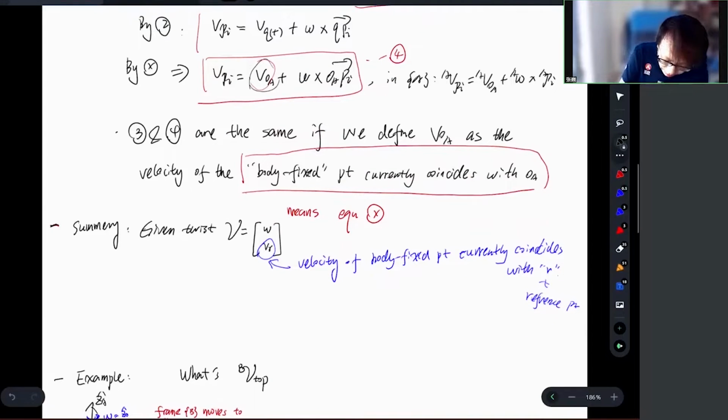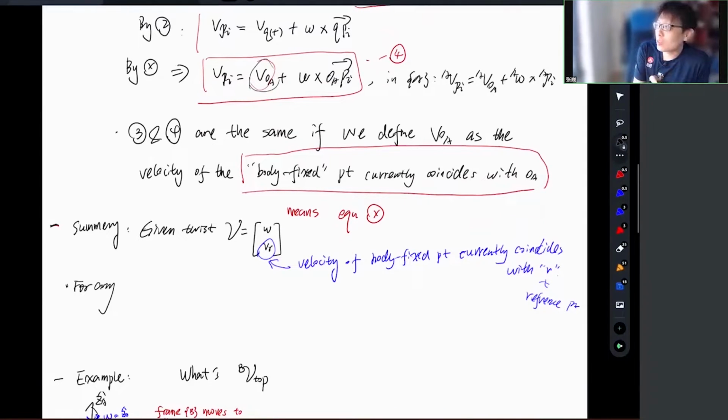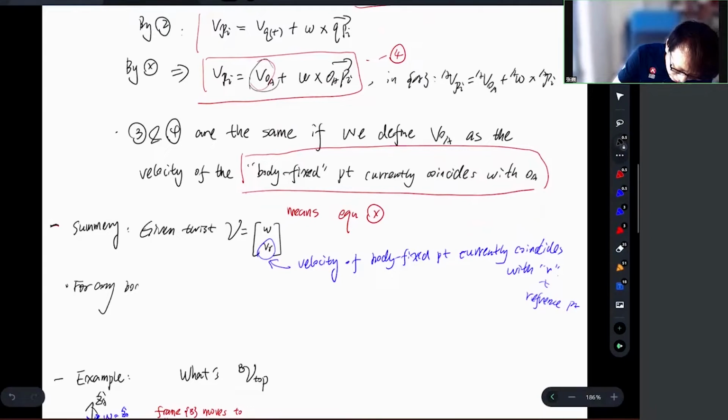Okay, if I gave a twist, you can conclude why it is a rigid body velocity, because it's a parameterization of all the body velocities, because they are all dependent, right? They are not free variables. For any body fixed point, let's call it PI, I can always write VPI equal to VR plus omega cross PI.